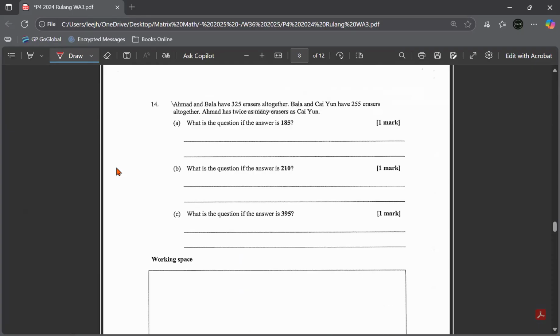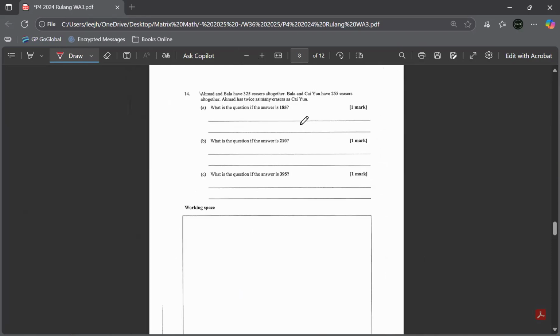So we need to work out our answer first. Let's work out what we have here. We write the working space here. Ahmad and Bala 325, but Bala and Cyrene 255.